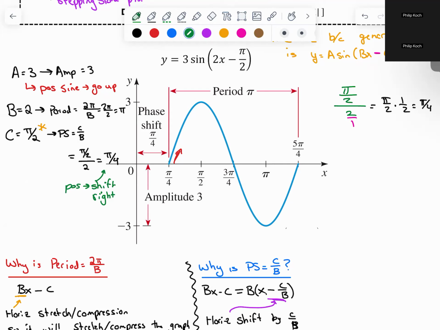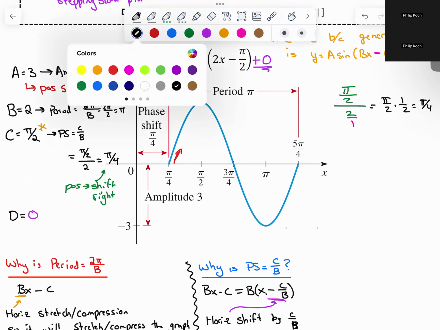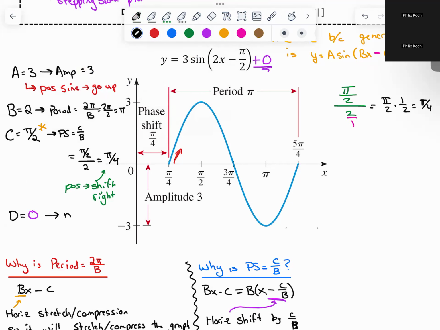And last but not least, what's d? 0. There is no d. There's a plus 0 here. So d is 0, so there's no vertical shift.